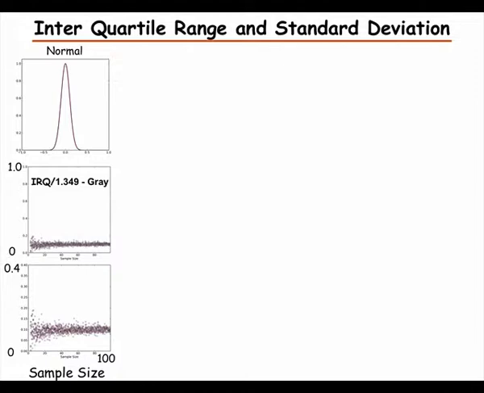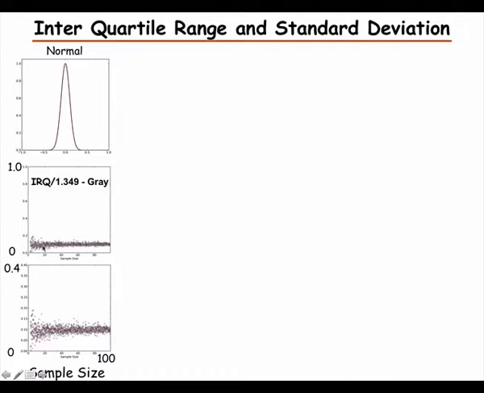Okay, so I mentioned the interquartile range before. This is the range between the first quartile Q1 and the third quartile, so we have 50% of the sample in there. This is very comparable to the standard deviation for a normal distribution, and we've divided it by a factor just to make it scale like the standard deviation.